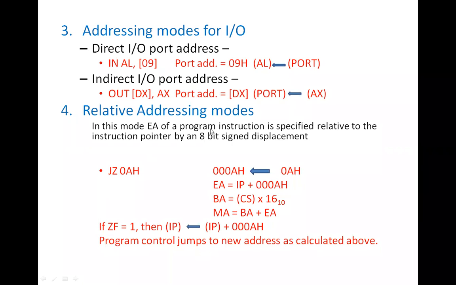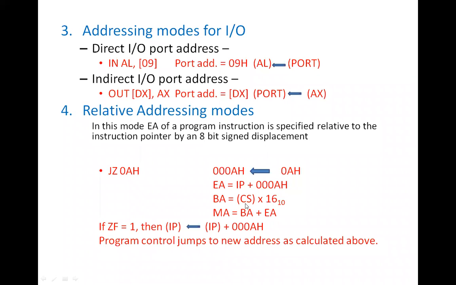But in relative addressing mode, the effective address will be calculated as the content of the instruction pointer plus 000A, which is defined within the instruction. Then the base address is available in the code segment register.